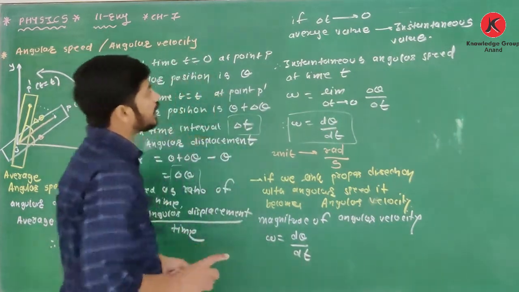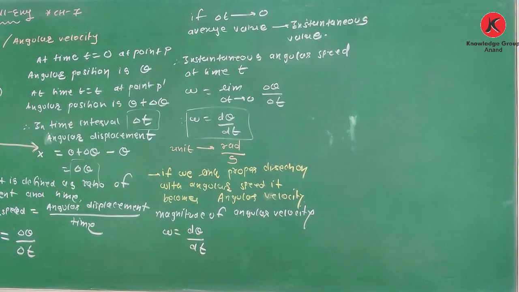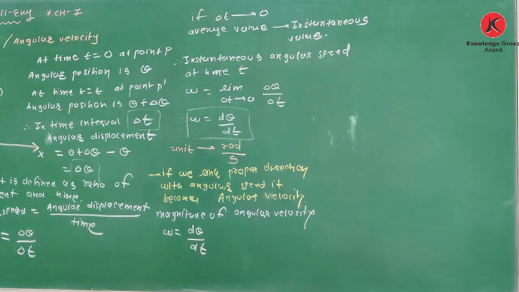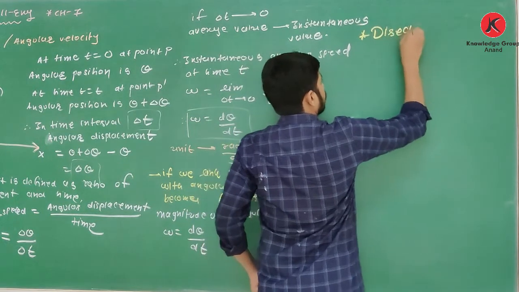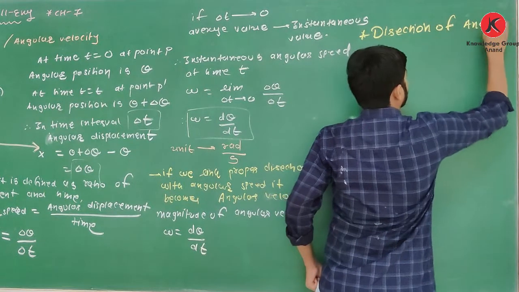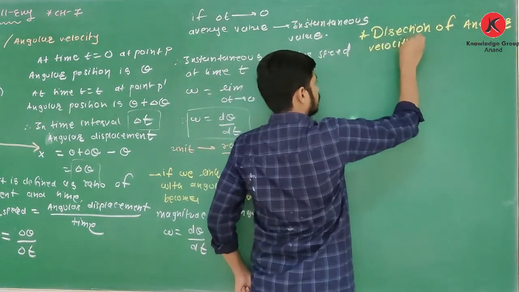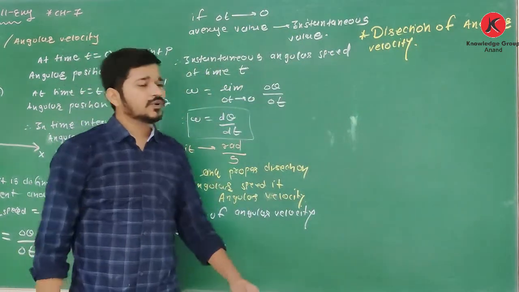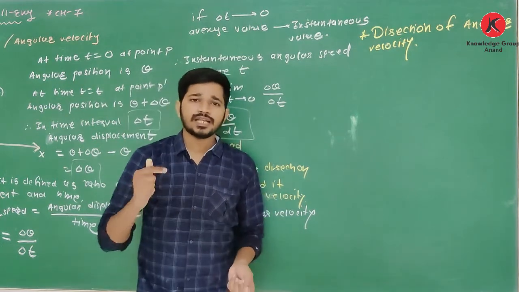Now, how to find the direction of angular velocity? That is the most important question and the most important thing. We will find the direction with the help of one example.